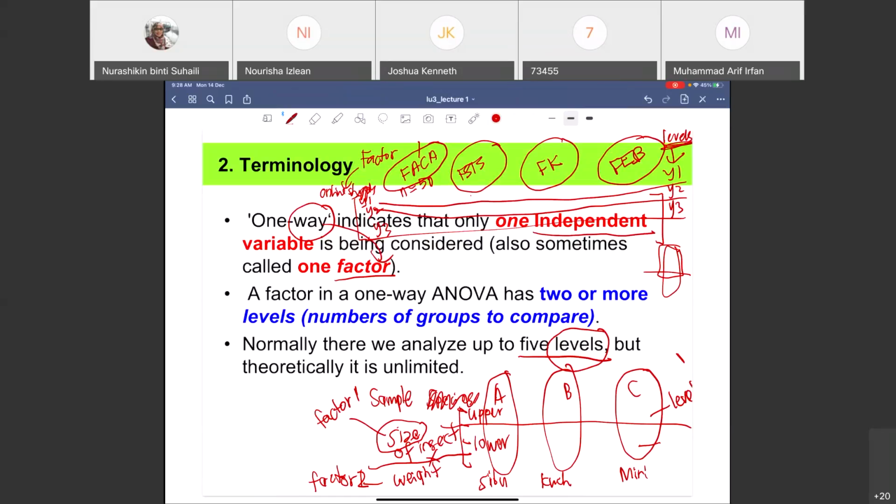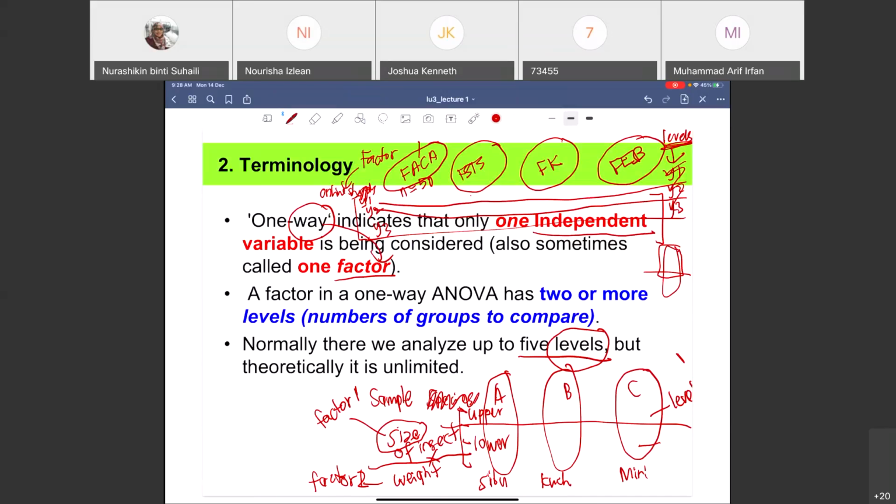If you don't have levels, let's say you just generalize all the students regardless of their year. So you want to compare students of the FAK faculty and then FSTS, FK, and FEB, regardless of the year. So that is throughout, without levels. The good thing about levels is that it gives you specification, but the downside, or the challenge, is the complexity.